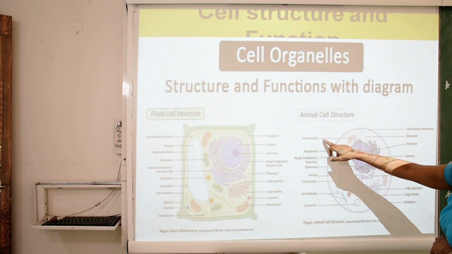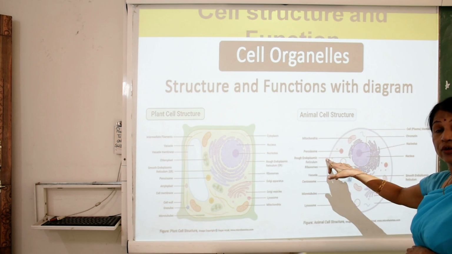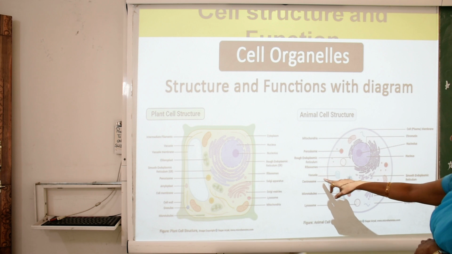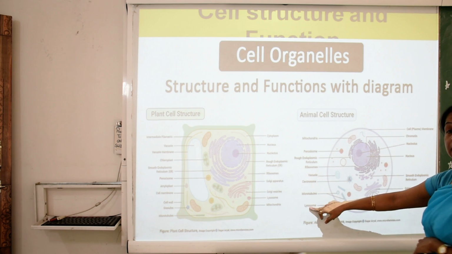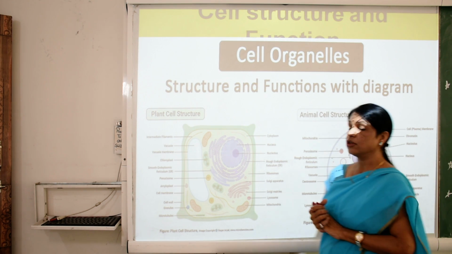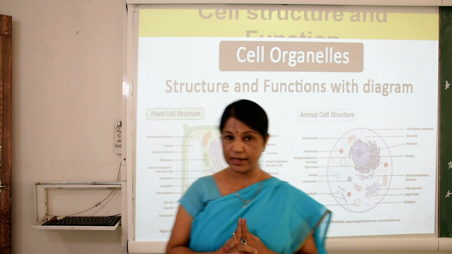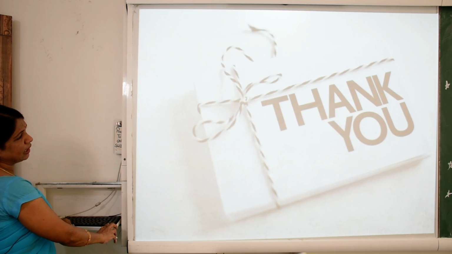It also has the mitochondria, protoplasm and the rough endoplasmic reticulum and the vacuole and the microsomes and the lysosomes, cytoplasm, Golgi apparatus, Golgi body, nucleus and various types of chromosome and the cell membrane. So it is the basic difference between them on the basis of the diagram.